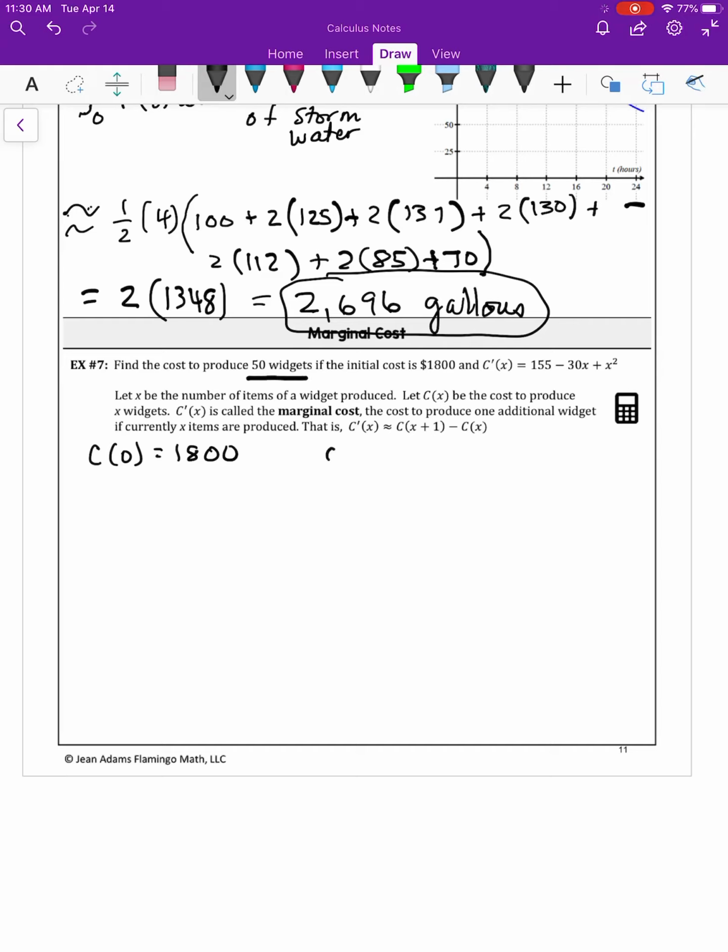So they told us that C of 0 was 1,800. And we also know, since they're asking about 50 widgets, we know that C of 50 minus C of 0 is going to be the integral from 0 to 50 of C prime of x dx.